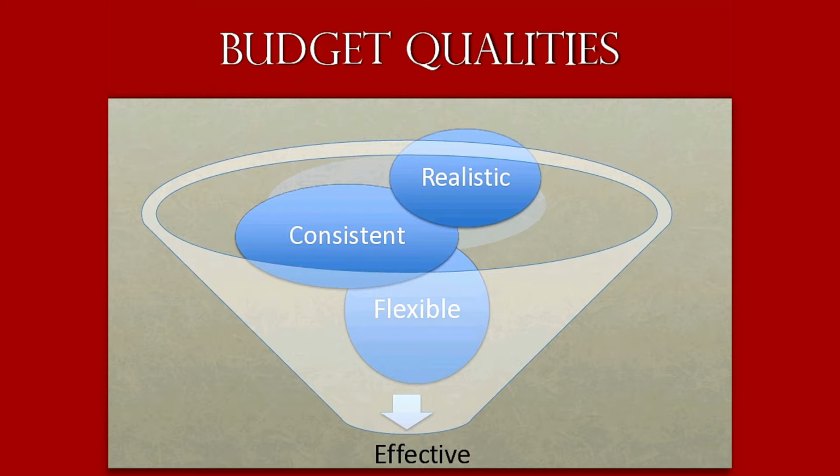A flexible budget builds in contingencies. It has an overflow line item that allows the organization to say, if something happens out of the norm, we have a pocket of funds that will help us through that process. If something needs to be done, we can do that.